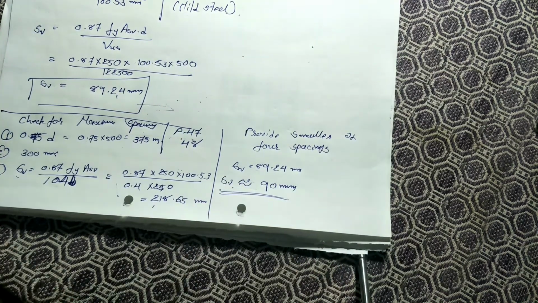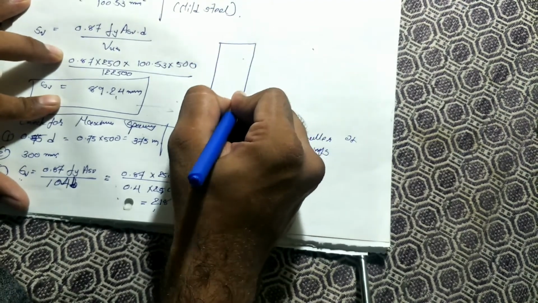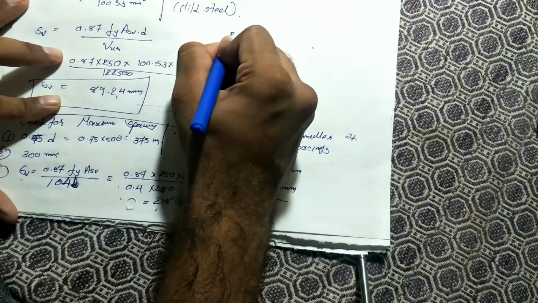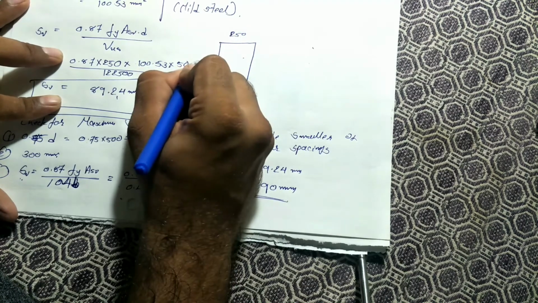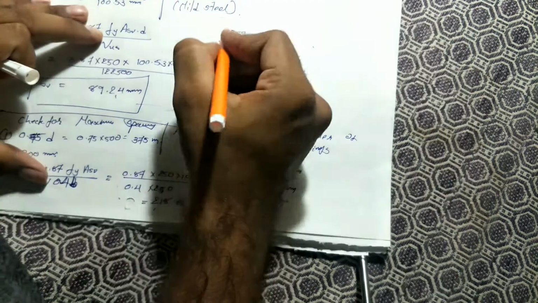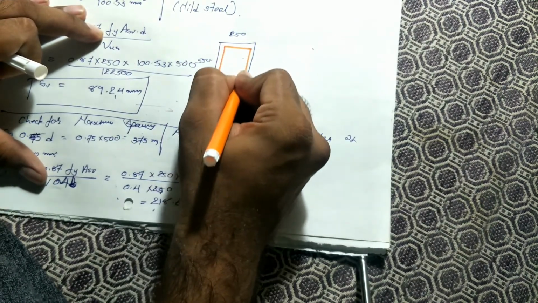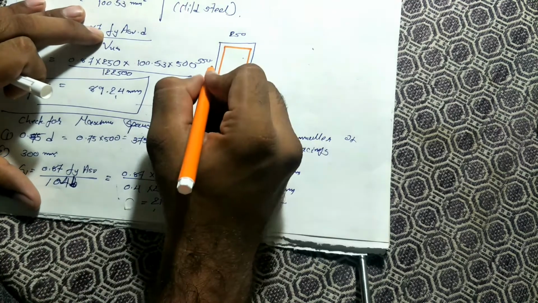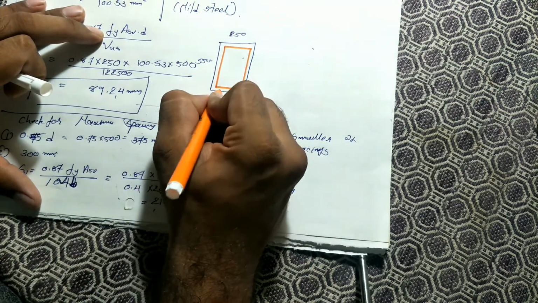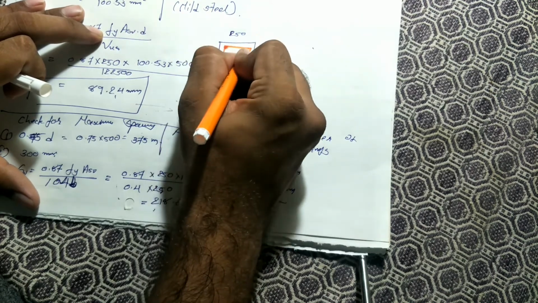Okay, if we draw a figure, we have a beam 250 mm by 550 mm. Okay, if we draw the stirrups, this is my stirrup. The steel is there, 4-20 dia, 1 2 3 4, this is your main steel.